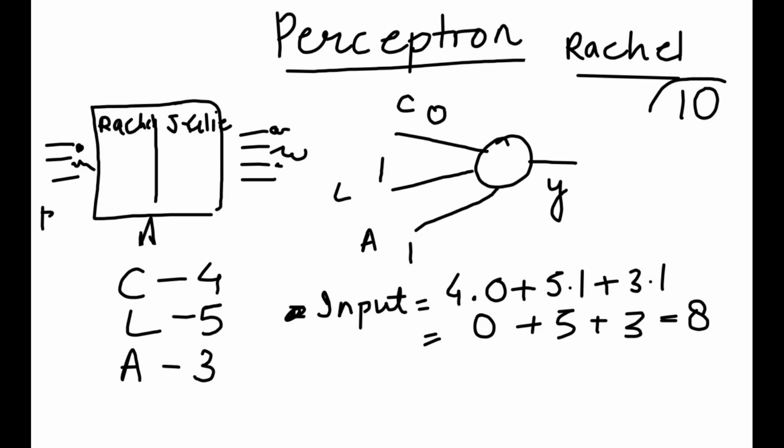So in this case, Ross decides that after a lot of thinking, for him to be able to date someone, the input should be greater than 10. Okay, so only if the input is greater than 10, then the perceptron is going to fire and he's going to go on a date with a girl.